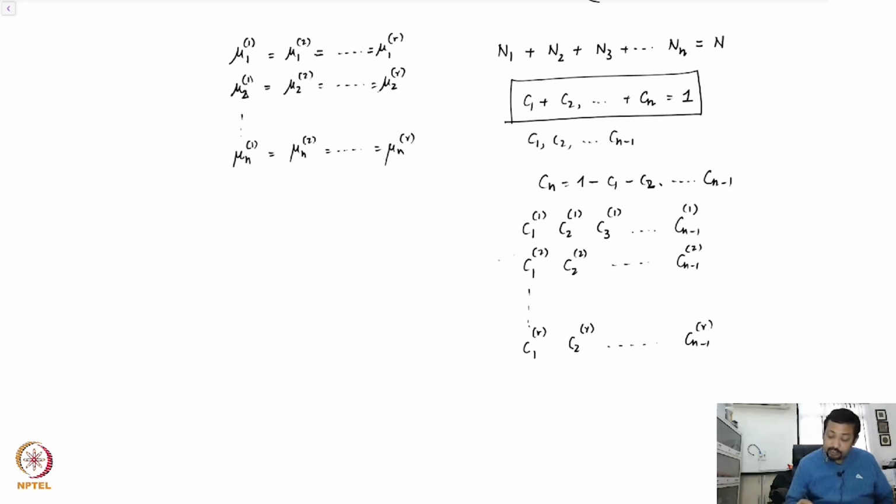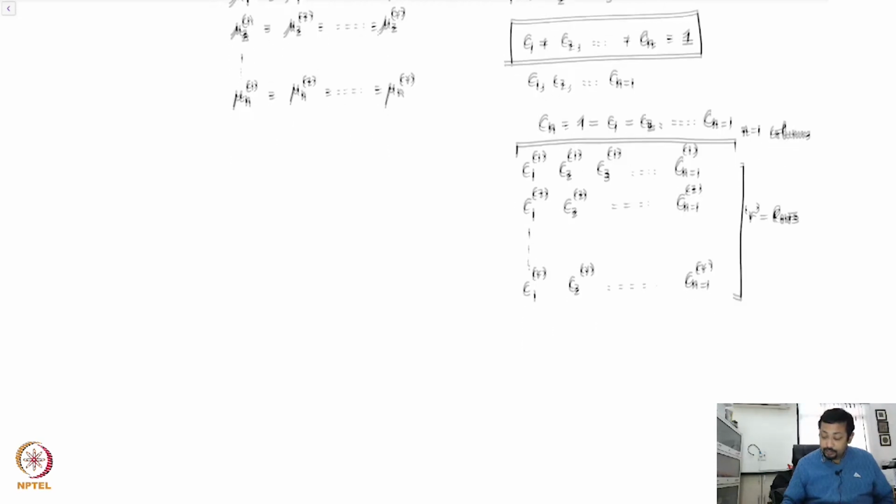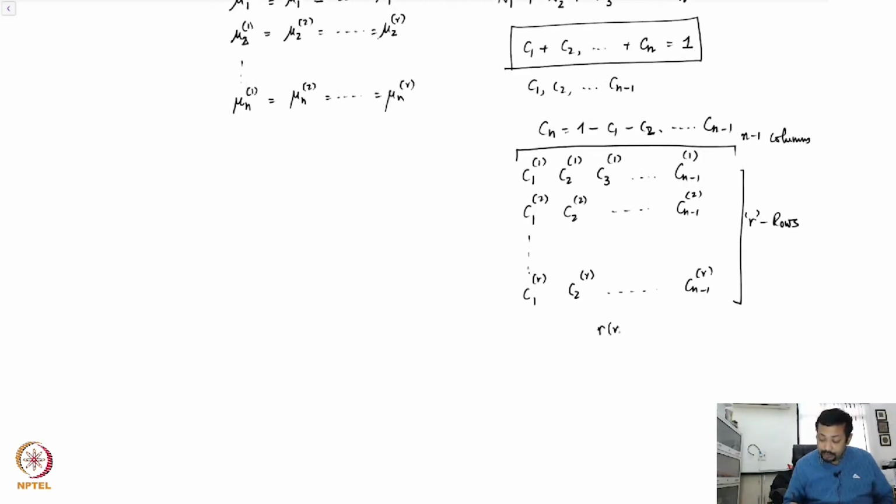So you see here that there are r rows and n minus 1 columns, and therefore you have r times n minus 1 coordinates over here, so that the total number of coordinates is r times n minus 1 plus 2.